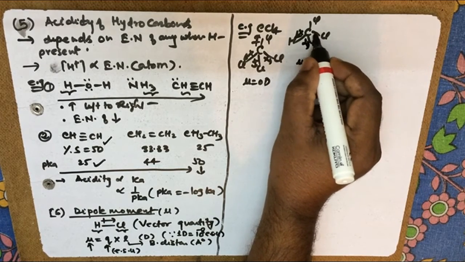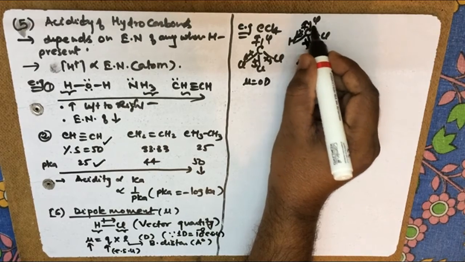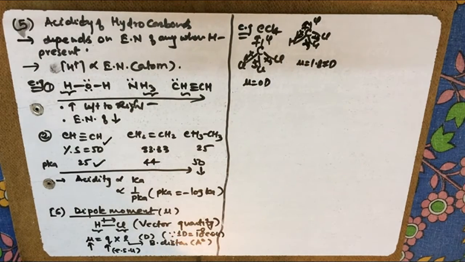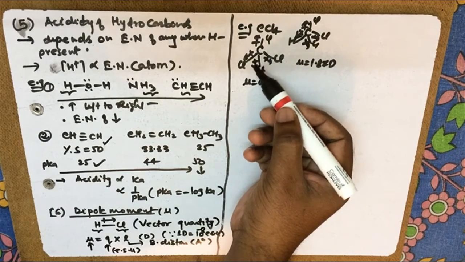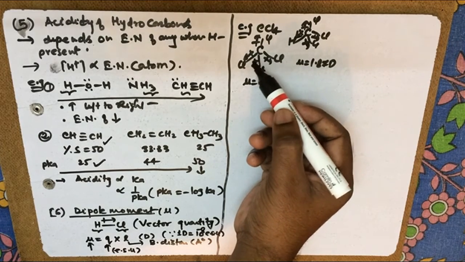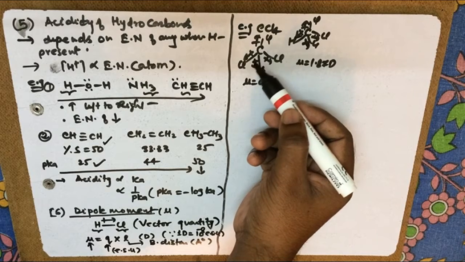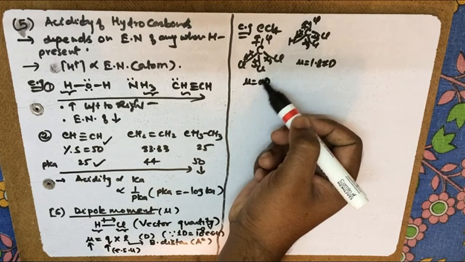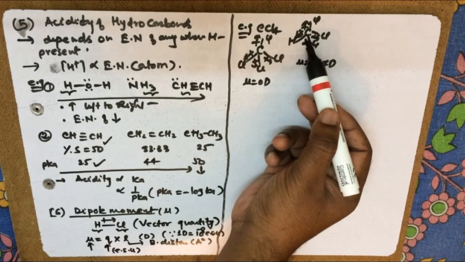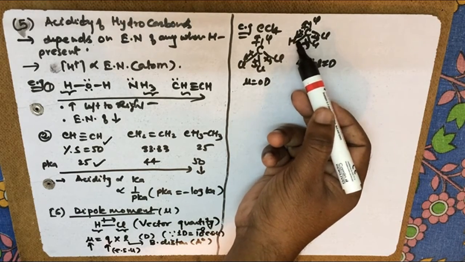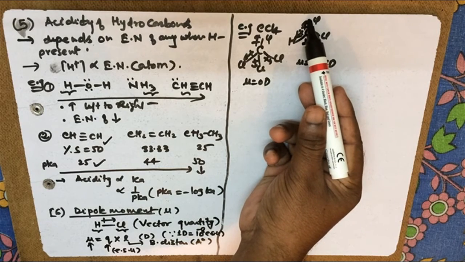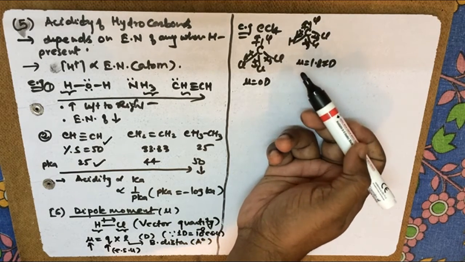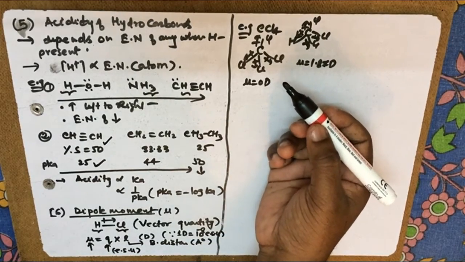For this case, all other attached ligands are chlorine, of the same electronegativity, that's why the net dipole moment is 0, but here 2 are on the same side and 1 is hydrogen and 1 is on a different side, so that's why the dipole moment is 1 point.